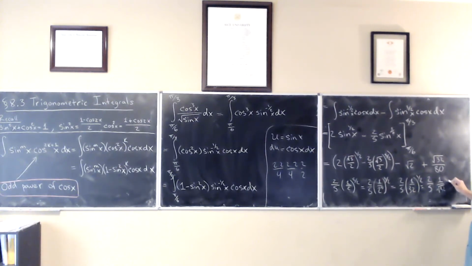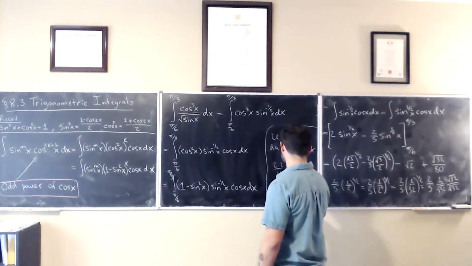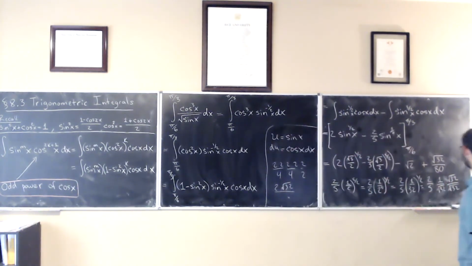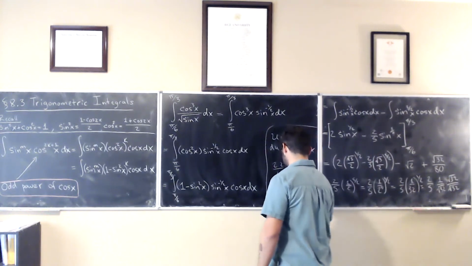You rationalize it by multiplying by root 32 over root 32. You get 2 times root 32 all over 5 times 32. So that's 160.